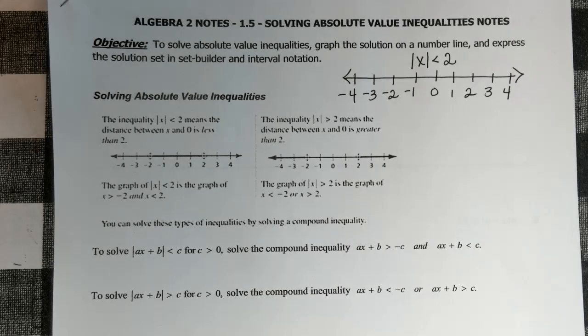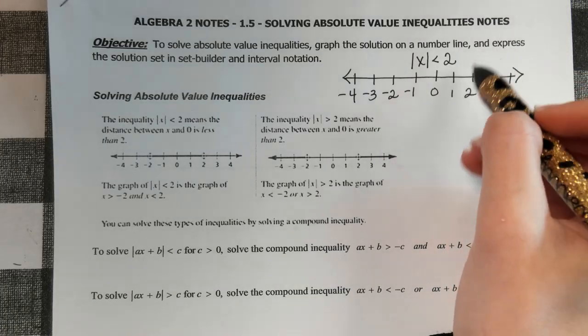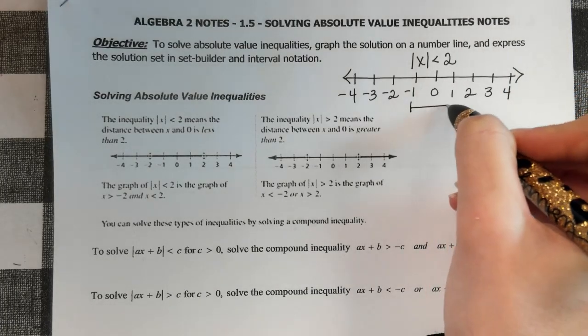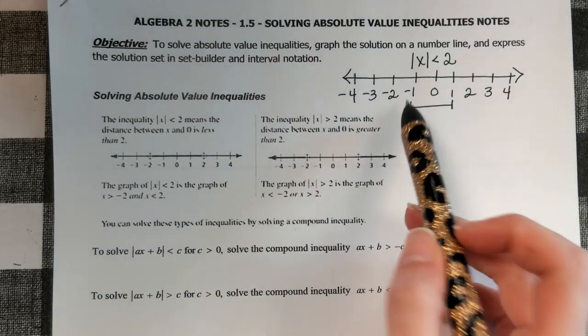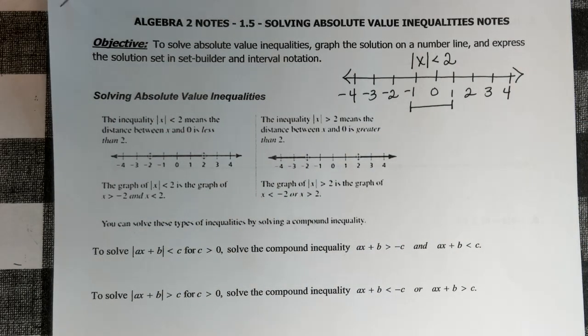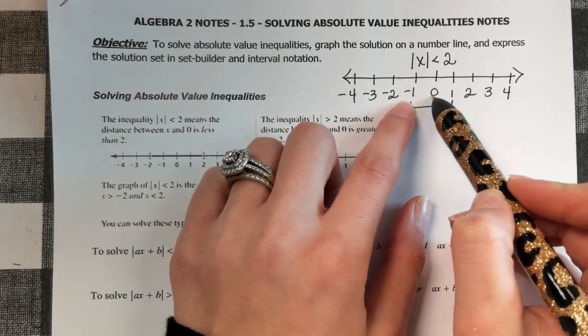If I want that distance to be less than 2, what span of numbers could be valid on this number line? Why'd you include the negative one? Because it's still 1 unit away from 0.